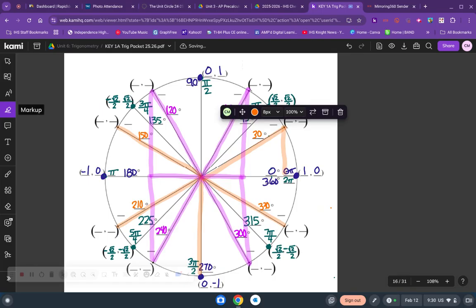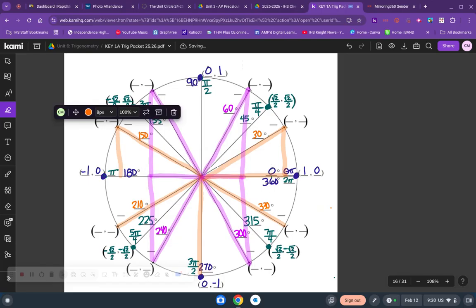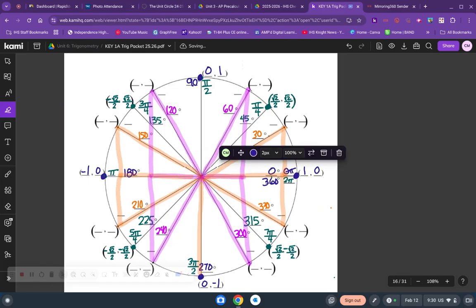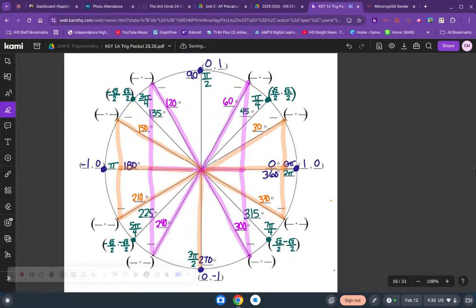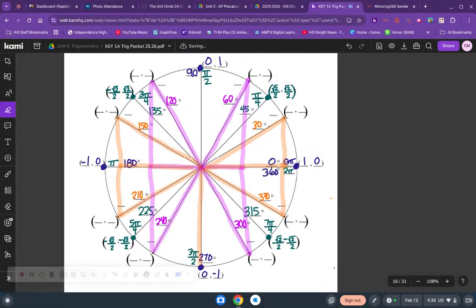It's just kind of pretty when they all are there and highlighted. But keep in mind, the whole premise of all of this comes from our right triangles that we learned just by doing SOHCAHTOA.